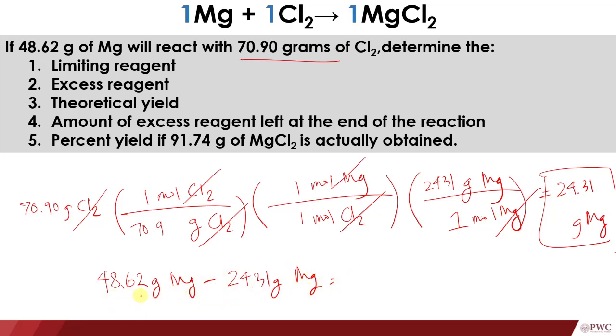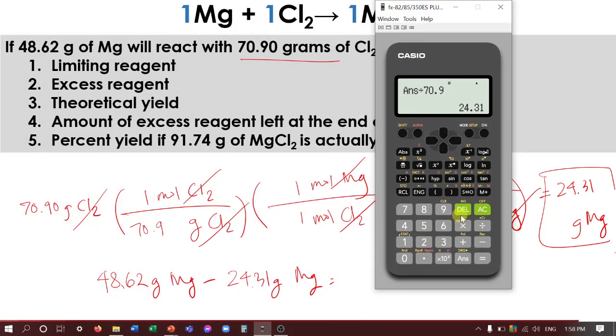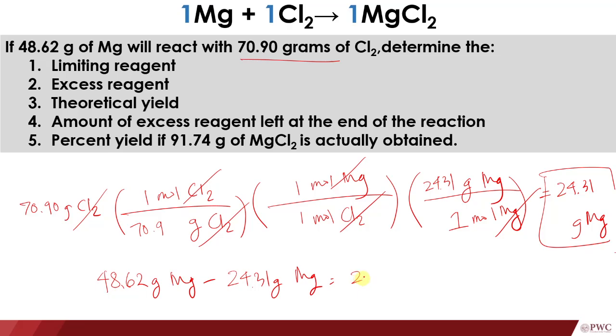So just subtract this one: 48.62 minus 24.31. The answer is 24.31 grams of Mg. So this will be the excess amount of Mg left at the end of the reaction.